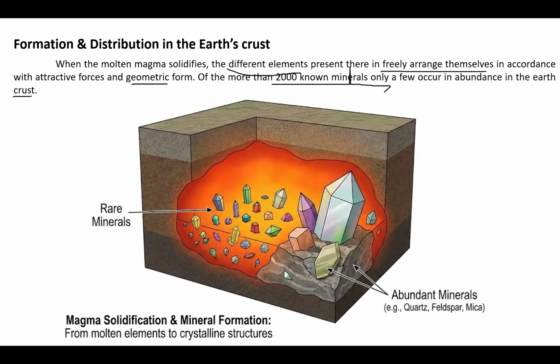Most of them are rare minerals, and only a very few are abundant, like quartz and feldspar. We will discuss all those things. To be simple, magma solidifies and the elements are freely arranged according to their attractive force and geometric form. What this geometric form and attractive force are, we'll discuss in a crystallography lecture later on.